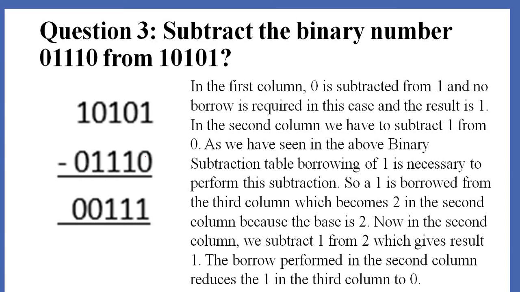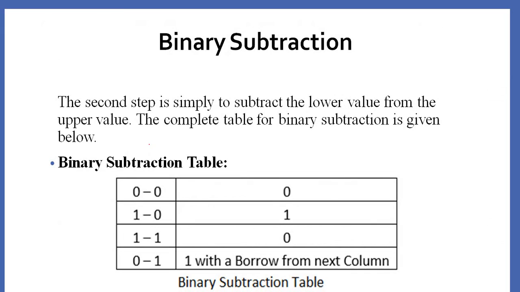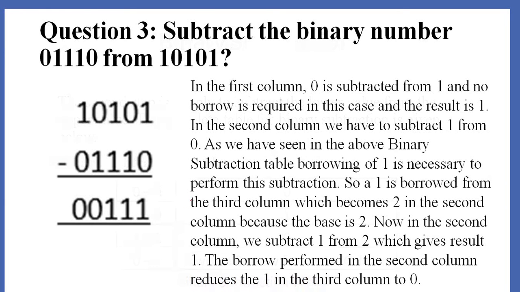Now in the first column it is 1 minus 0, and if you observe the binary subtraction table, 1 minus 0 is 1. So here we write 1.